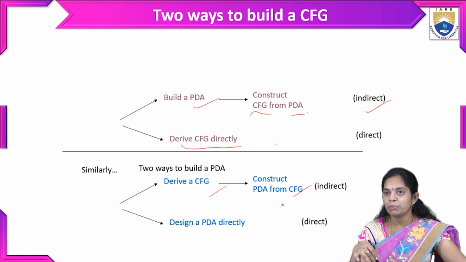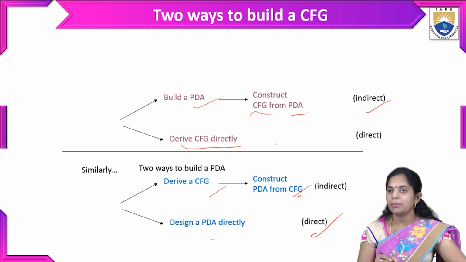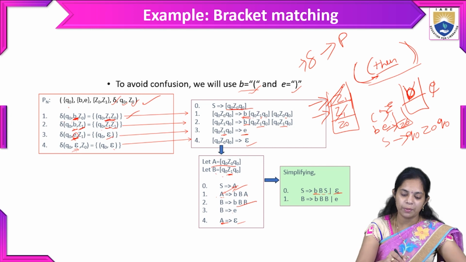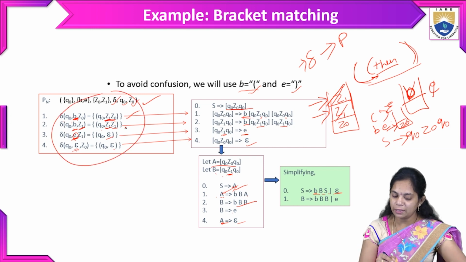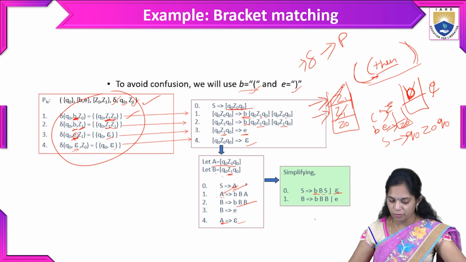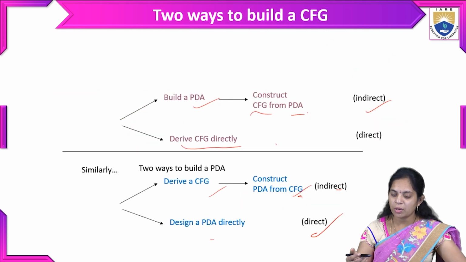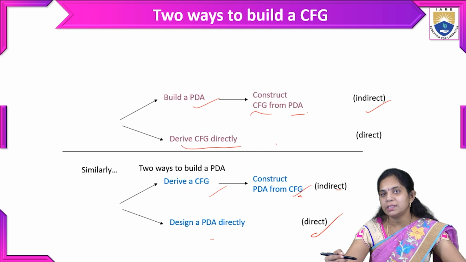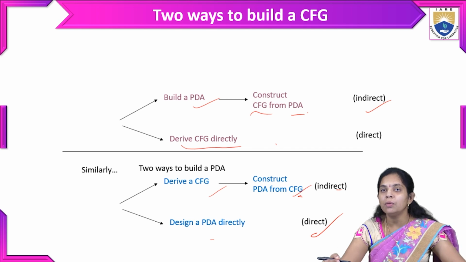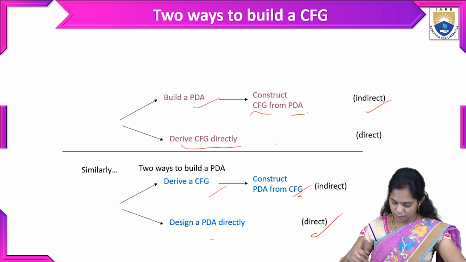So we can construct a PDA from CFG, that is indirect, and design a PDA directly. This is designing a PDA from the previous conversion, from context-free grammar to push-down automata. So this is about the conversion, the equivalence of push-down automata to context-free grammar.